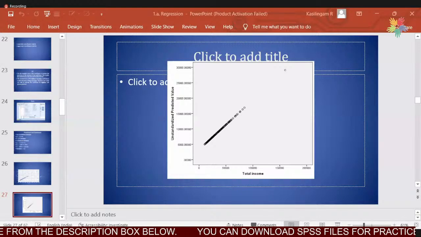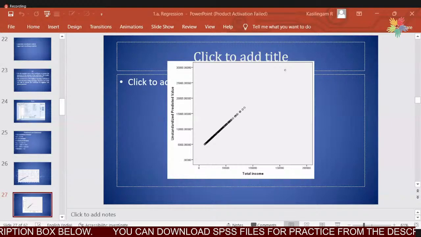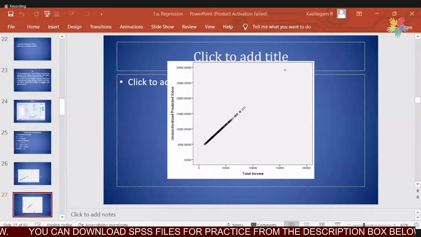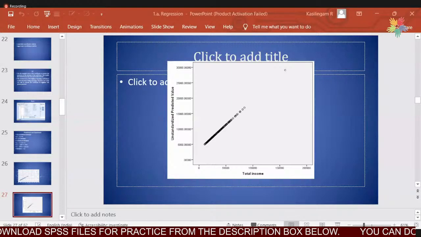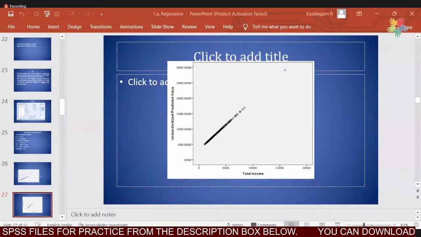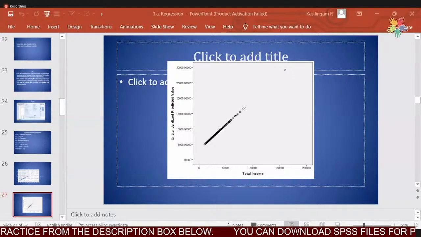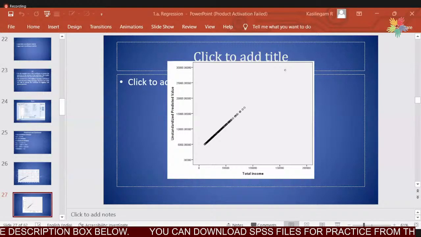For example, in Amos, apart from regression, you can perform mediation and structural equation modeling. In E-views, you can perform autoregression, which is not possible here. So they are meant for different purposes, but when you perform the same test here and there, all will produce the same result.